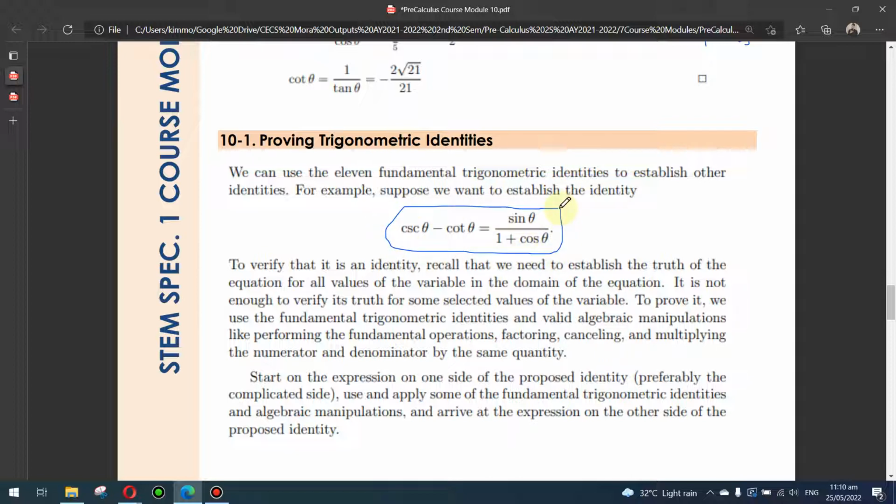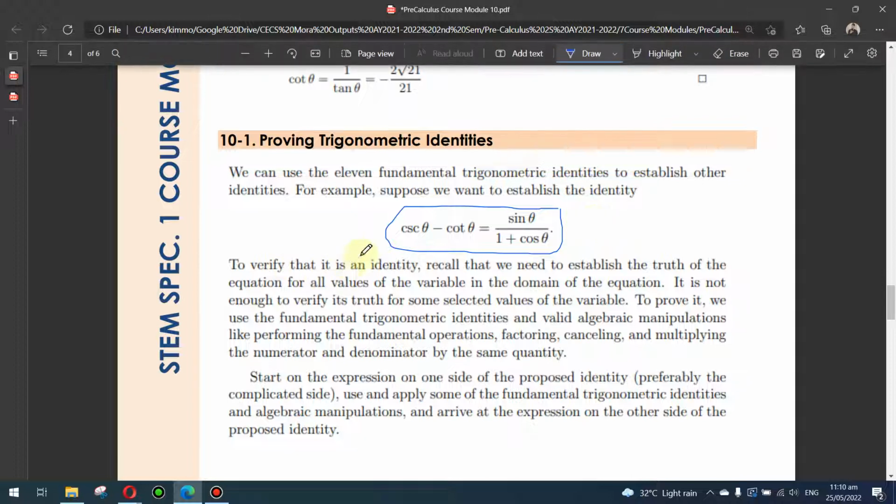So, we should verify that it is an identity. We recall that we need to establish the truth of the equation for all the values of the variable in the domain of the equation. So, dapat, para ma-prove nato nga equal jud siya, tanan values sa theta kay true. The values here should be equal to the value here.